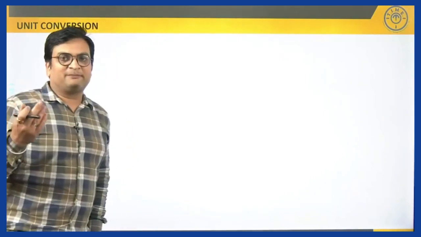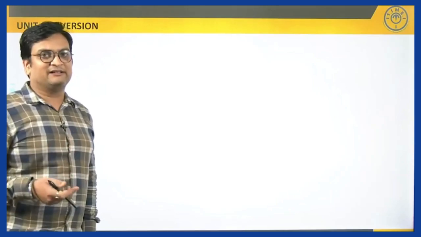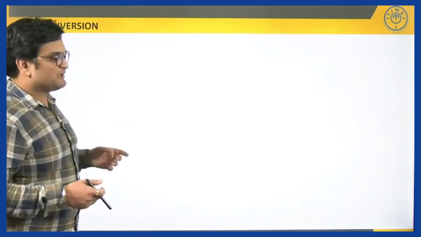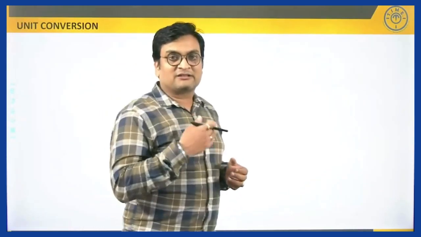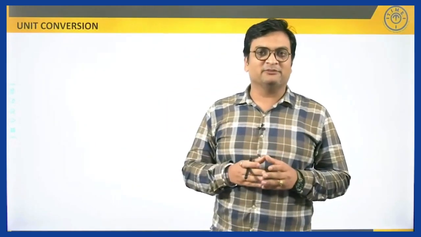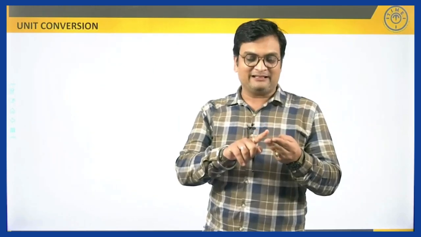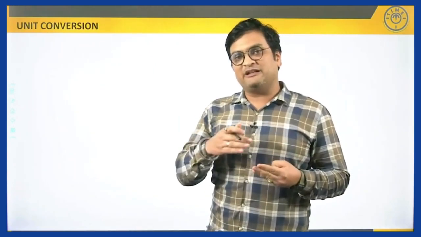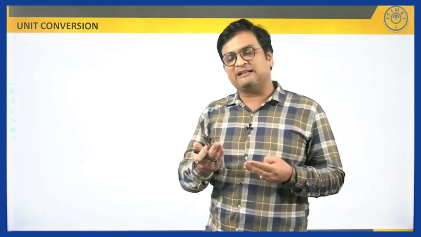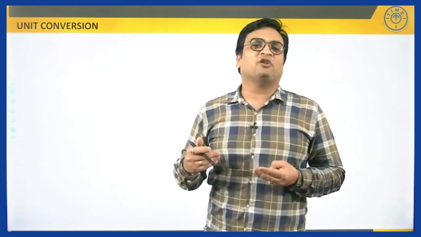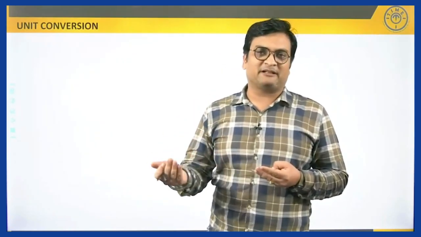So the very first sub-concept that I would be discussing here with all of you is the concept of units conversion. So sometimes in time, speed and distance problems, you would be given, of course, the units of speed, distance and time. Now the units could be multiple. For example, speed can be measured either in meters per second or in kilometers per hour or in miles per hour.